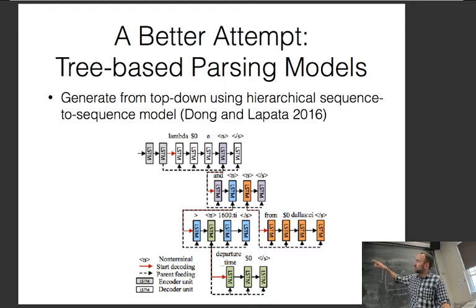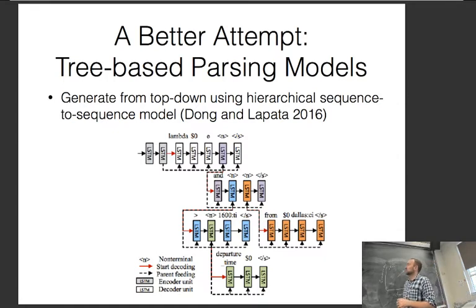And the way they do it is basically, if we have a tree that's lambda, lambda $0, and then it has a child underneath it, and that child is "and" something something, then it first generates that top level of the hierarchy, then it moves down to the next level and generates everything in that level, then moves down to the next level, etc. So basically, it generates from the top down, and it passes the information from the top part down when it generates the next candidates.